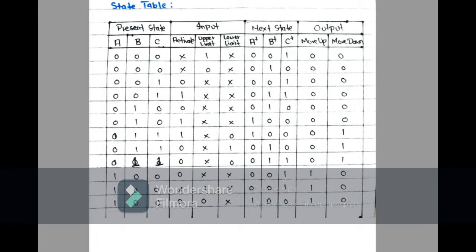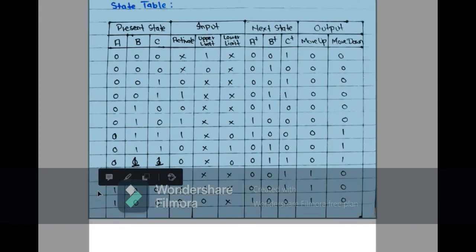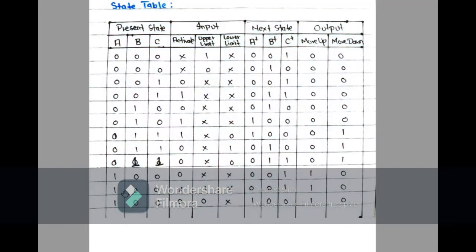In the second last column, you see that we have the present states 1, 0, 0, 0, and our lower limit is reached, so we have to move up, so our output is 1.